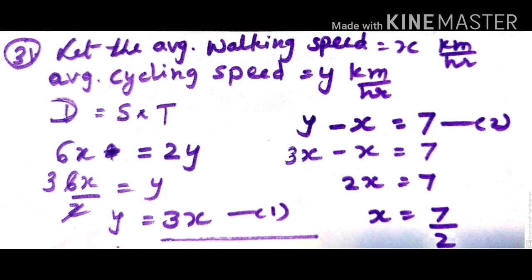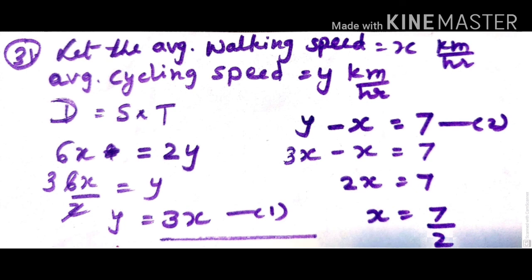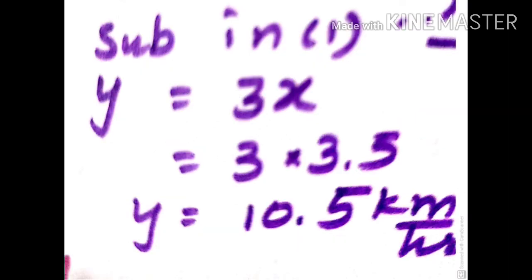As in equation 1, I found the value of y is equal to 3x, which I substitute in equation number 2. So 3x minus x is equal to 7. So 3x minus x is 2x is equal to 7. That's why x is equal to 7 by 2, and 7 by 2 is nothing but 3.5. So the first answer, the average walking speed, is 3.5 km per hour.